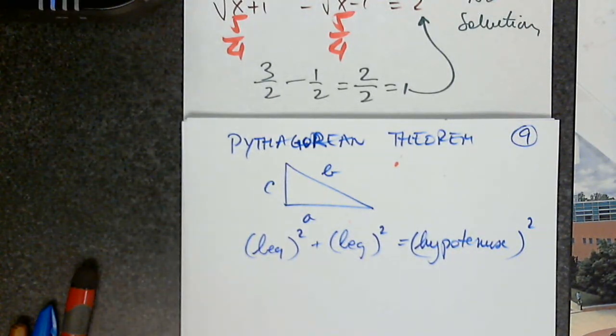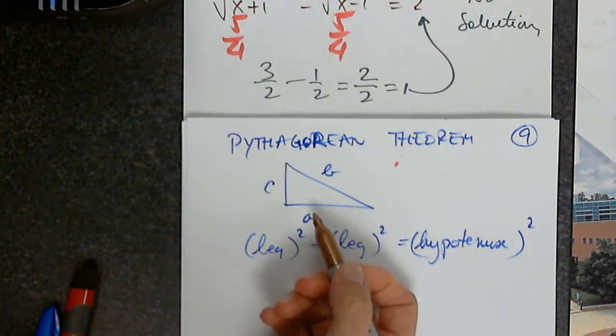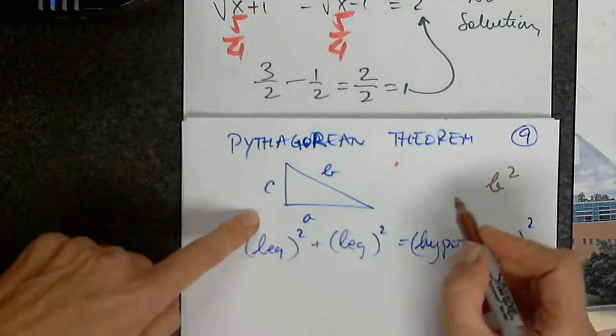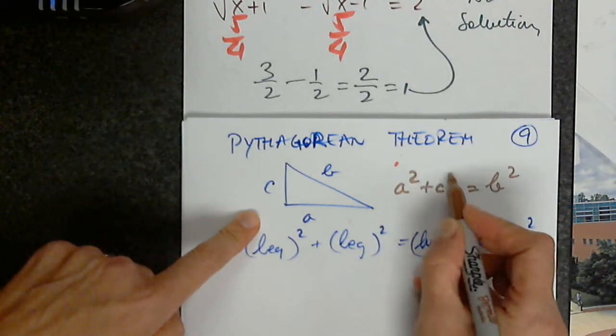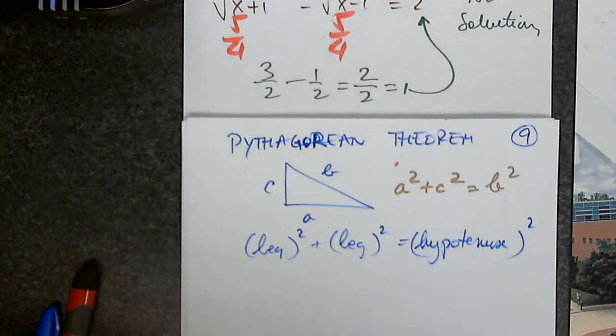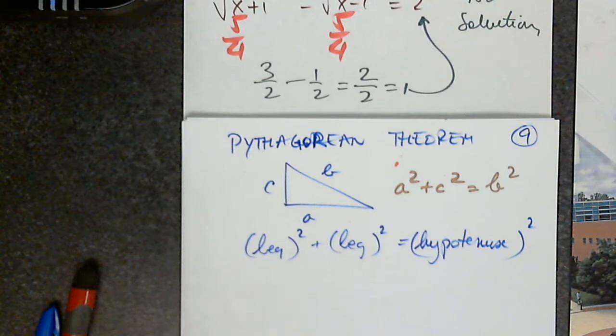That's how we would like you to remember it. Because for this situation, the hypotenuse is b, so that's b squared, and the legs are a squared plus c squared. So this is how we should remember the Pythagorean theorem. The sum of the shortest sides, or the legs, squared equals the longest side, which is the hypotenuse, squared.